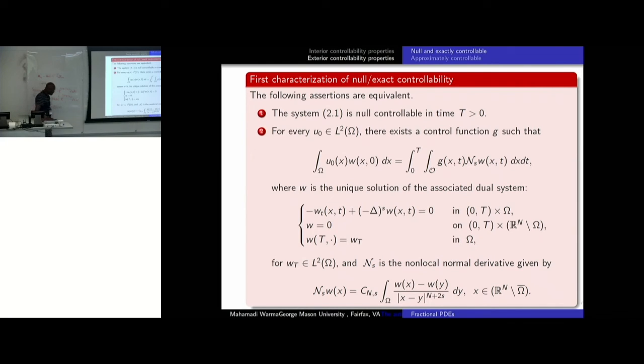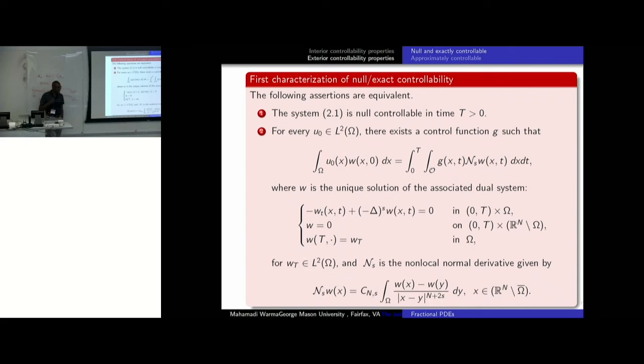Also, now let's give the first characterization of null controllability: the system is null controllable if and only if we have, like before, the integral of u0 times w of x0 equal to the integral over 0,t times the integral on our control region of g times the normal derivative. Before, we didn't have the nonlocal normal derivative.